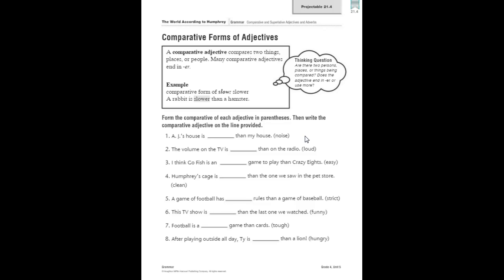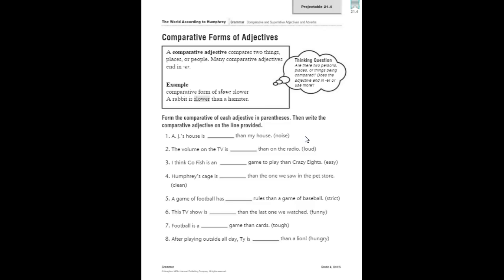Right. We are comparing AJ's house and your house. So we are comparing two things, and would we add ER or would we add more in front of this one? Right, noisier. AJ's house is noisier than my house.